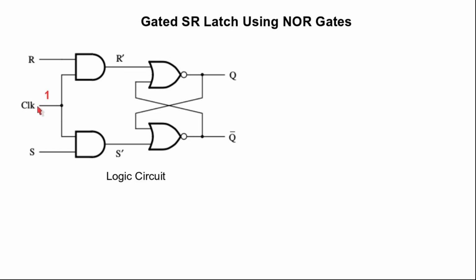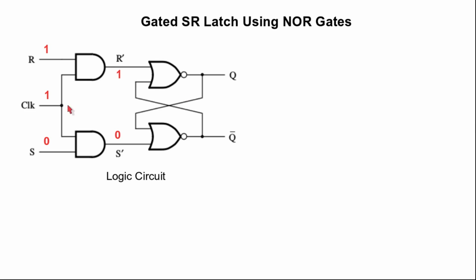Now if we make the clock input equal to 1, then the output of the AND gates will depend on what the values of R and S are. If we consider R to be 1, then the output of the first AND gate will be 1. And if we consider S to be 0, the output of the second AND gate will be 0.